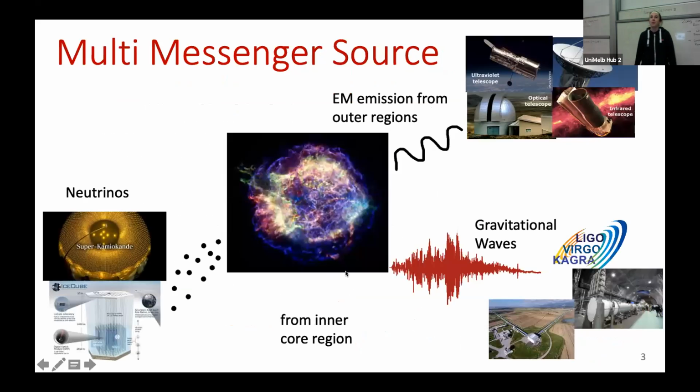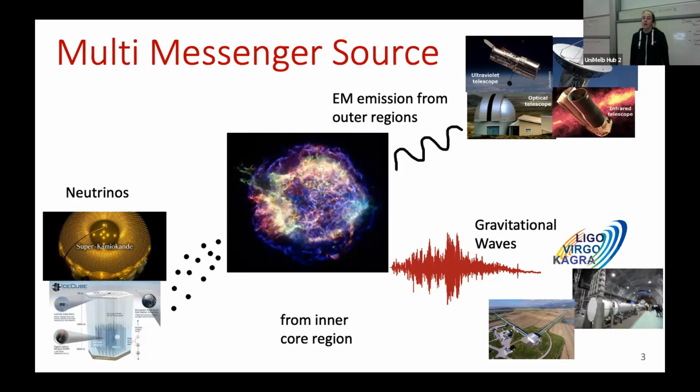So core collapse supernovae would be a perfect multi-messenger source, because we see loads of supernovae all the time electromagnetically. But the signal you get in EM comes from the outer regions of the explosion, and light can't escape from the inner regions.